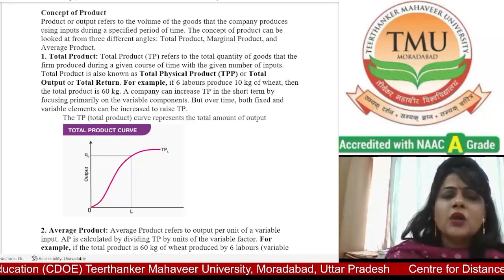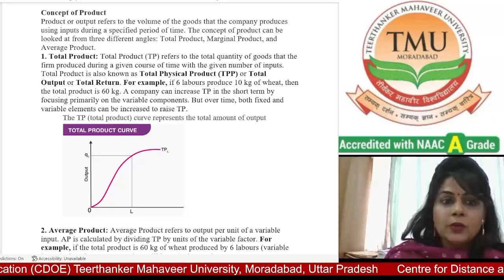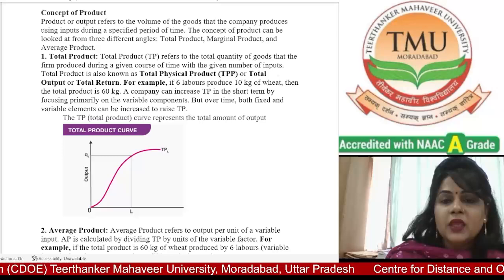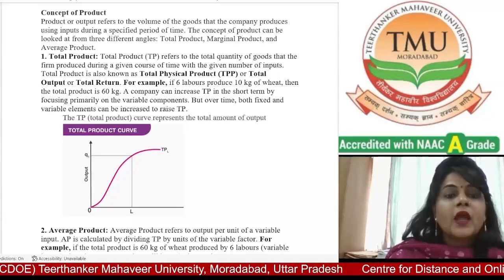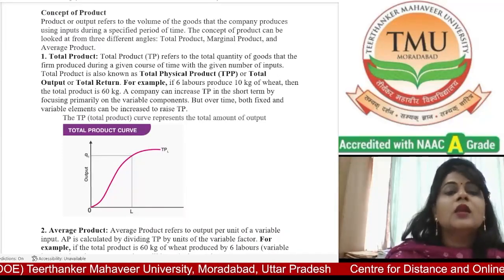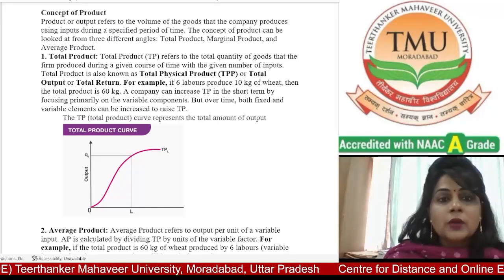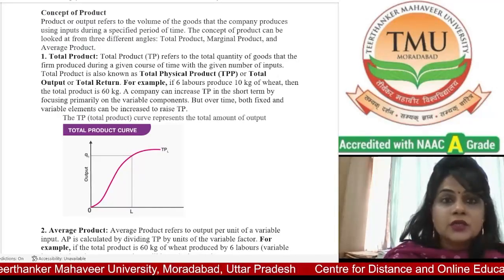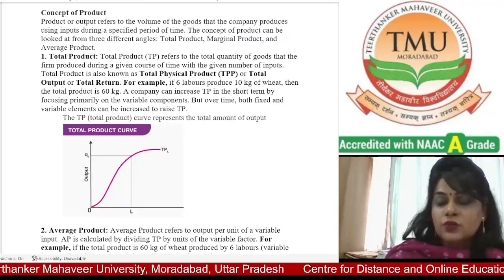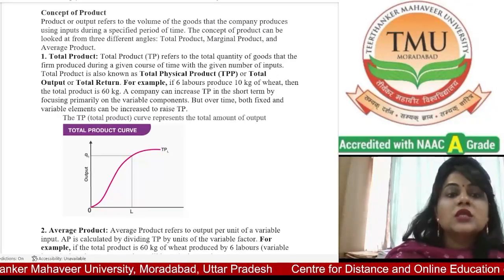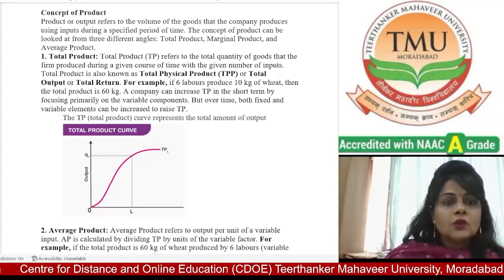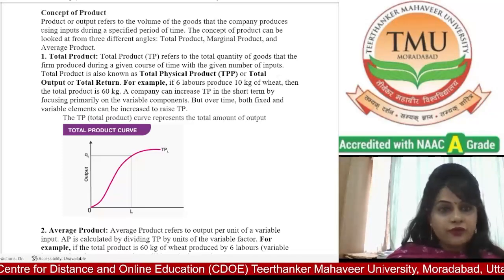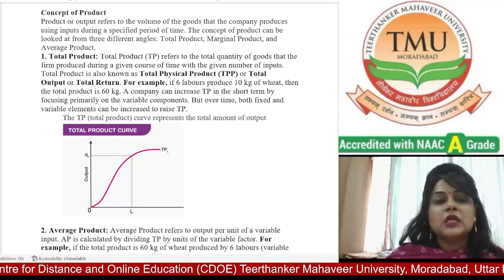The formula is TP, total production, is equal to AP multiplied by L, where AP is average product and L is labor units. So students, hope you have understood what total production is. It is the amount of final output produced by a firm using given inputs in a given period of time.